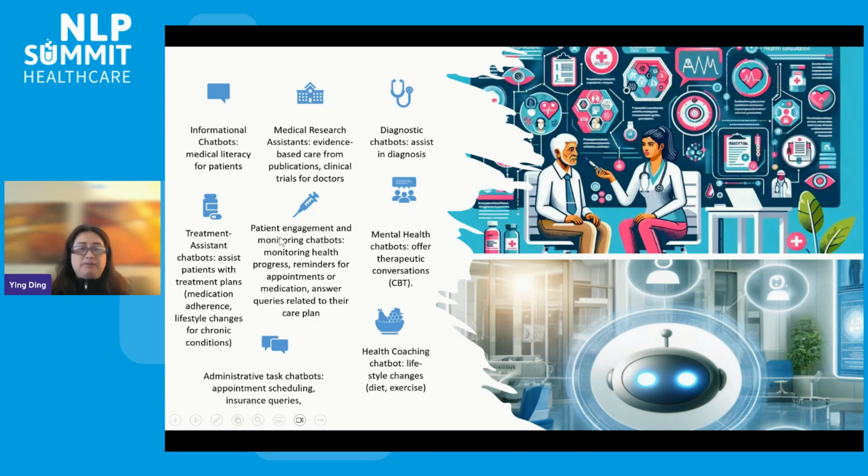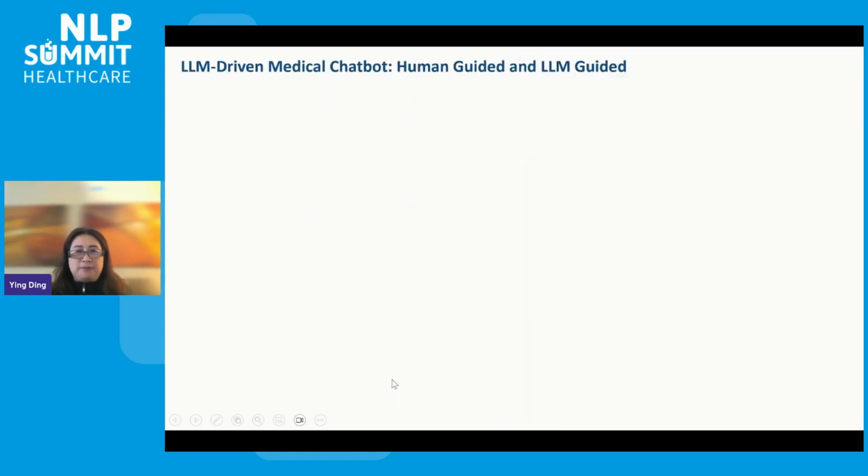We also have chatbots for patient engagement and monitoring progress, especially after surgery and for chronic disease. We also have mental health chatbots, which offer certain assistance for therapeutic conversation. Chatbots can also do administrative tasks like scheduling and insurance questions, and are also very interesting as a coach for lifestyle change and nutrition.